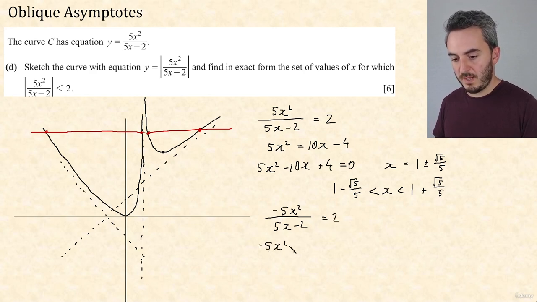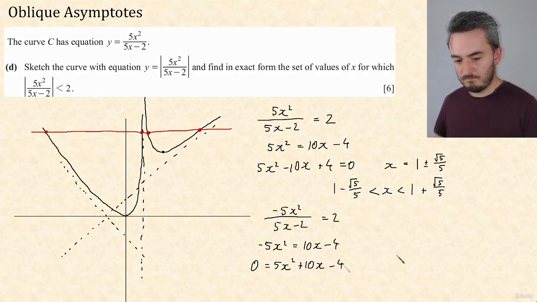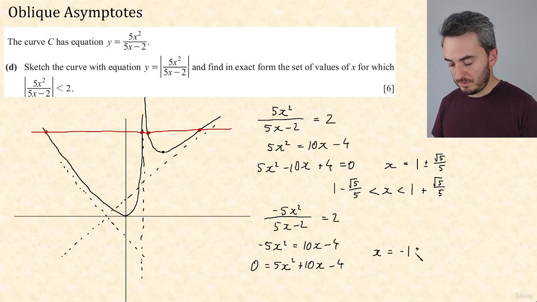Minus 5x squared equals 10x minus 4. And getting that all over to one side, we have 5x squared plus 10x minus 4 equals 0. And that gives me x equals minus 1 plus or minus 3 root 5 over 5.